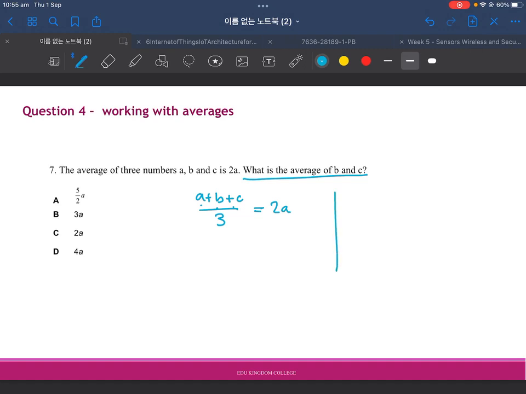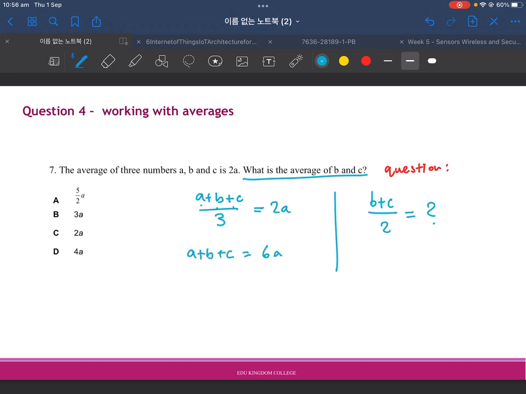And the question asks, what is the average of B and C? How do we find our average of B and C? It's B plus C over 1, 2, right? So this is the question we're asked for. Given that this is the question, how do we work out the answer? Well, from this clue, we can know that A plus B plus C is actually 6A.